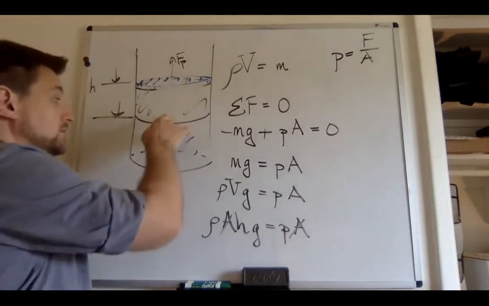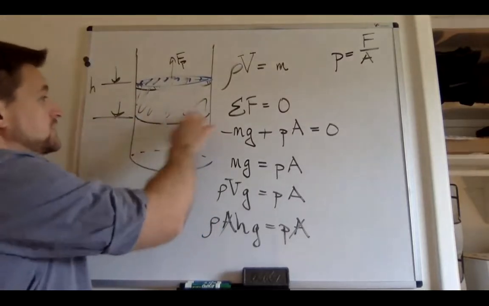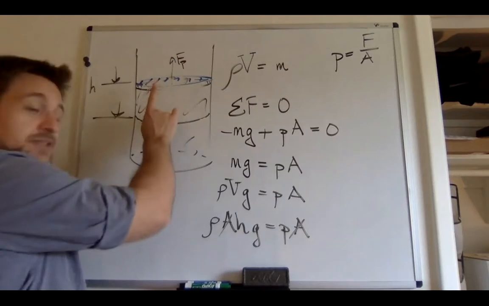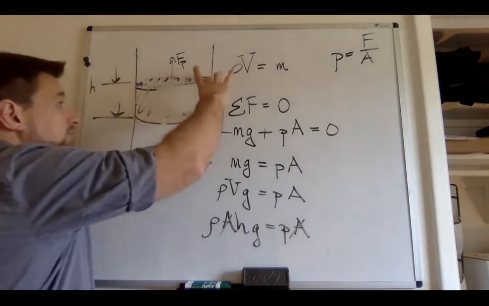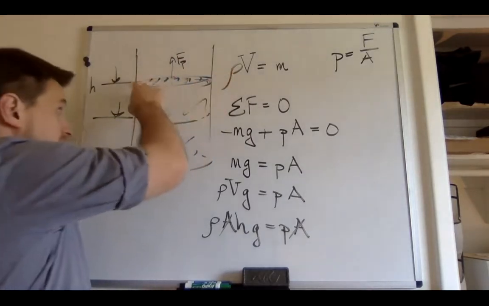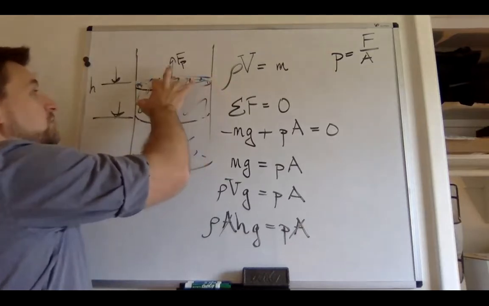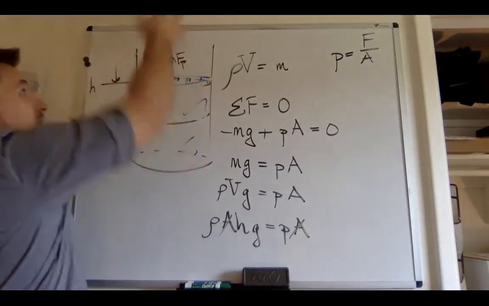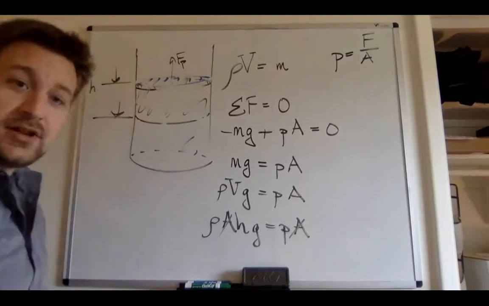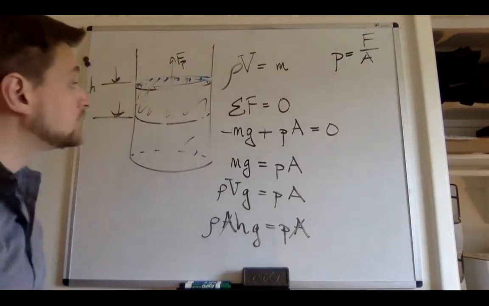Just like that section of fluid there, that surface needs to be exerting some pressure to hold up this chunk of fluid. Well, this area here needs to be exerting some pressure to hold up all of the air on top of this thing.